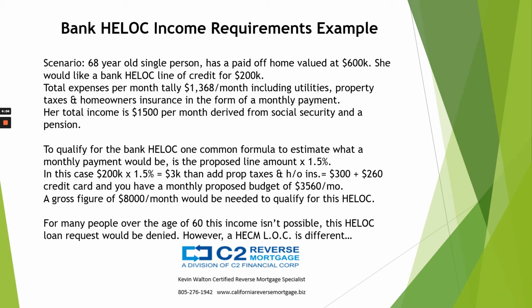Now, for some people over the age of 60, it's not possible to have this, because when they retire, sometimes their income drops, and if they're married and their spouse tragically passes away, it may even drop again. So it's very difficult for some people to qualify for these larger bank HELOCs, but the HECM line of credit is different.